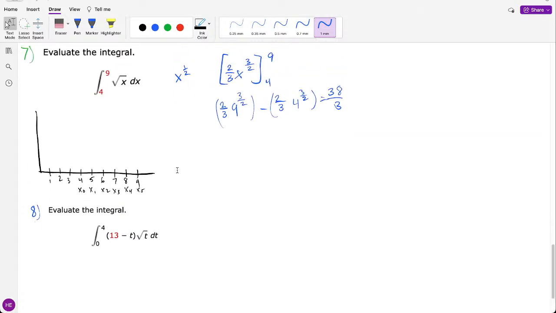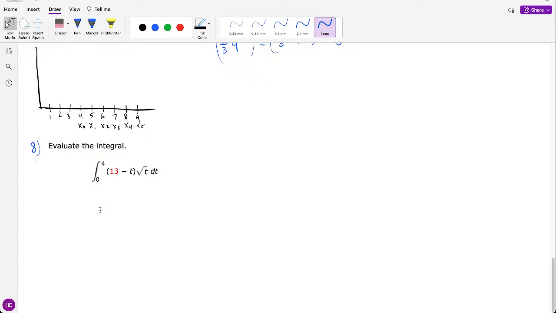Okay. I'm not going to sketch it out this time. I'm just going to go straight into it. Well, I'm going to write this in a way that it makes sense in my head.